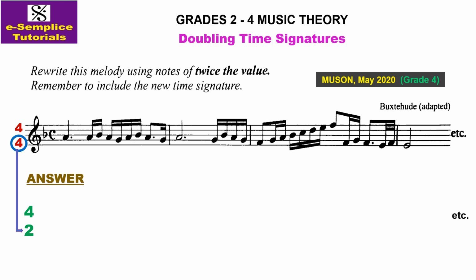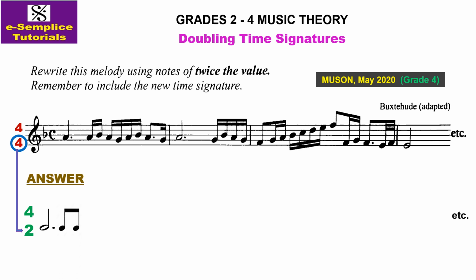Now let's double the value of each of the notes in the music. We have a dotted crochet, it becomes a dotted minim. Then we have 2 beamed semiquavers, they will become 2 quavers.